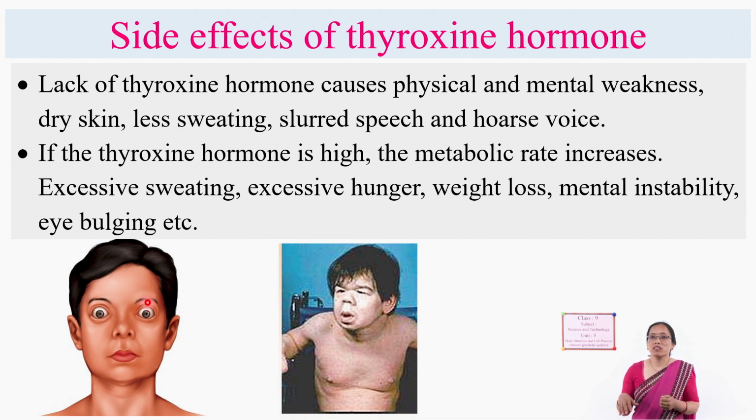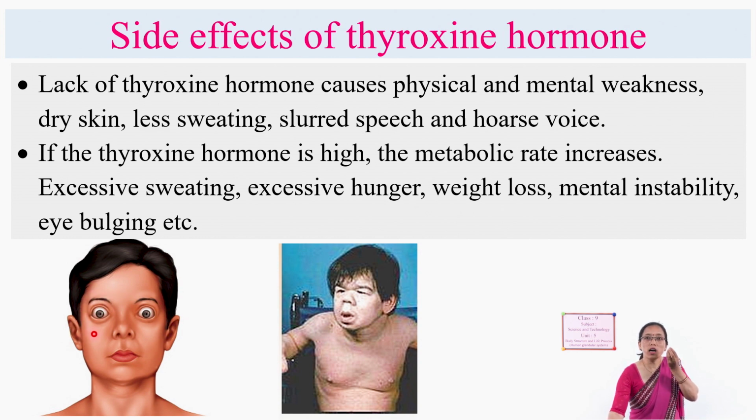And weight loss. That means people become very thin. Mental instability. That means mentally weak. He can't think, he cannot be stable and he cannot think properly. Eyes become bulging out. See here, this person's eyes are out of the optical cavity.